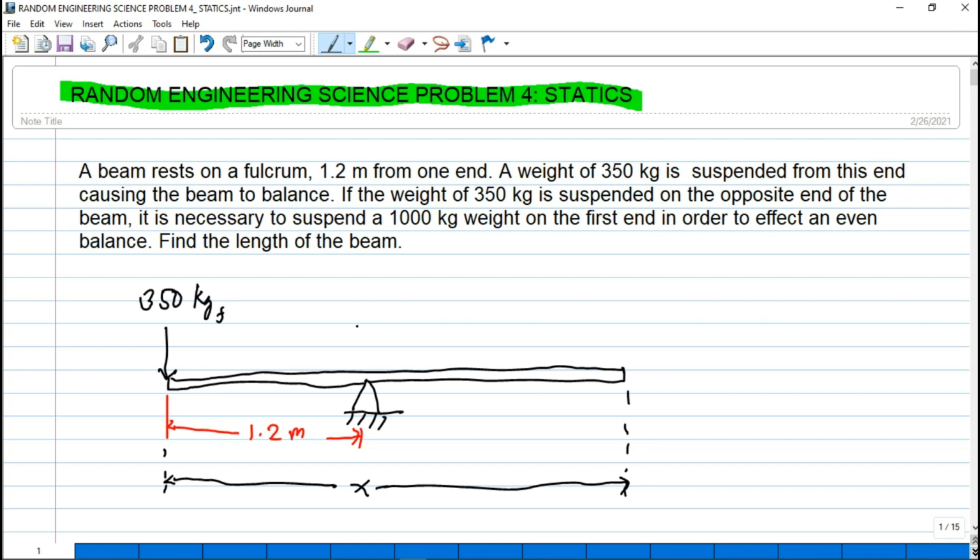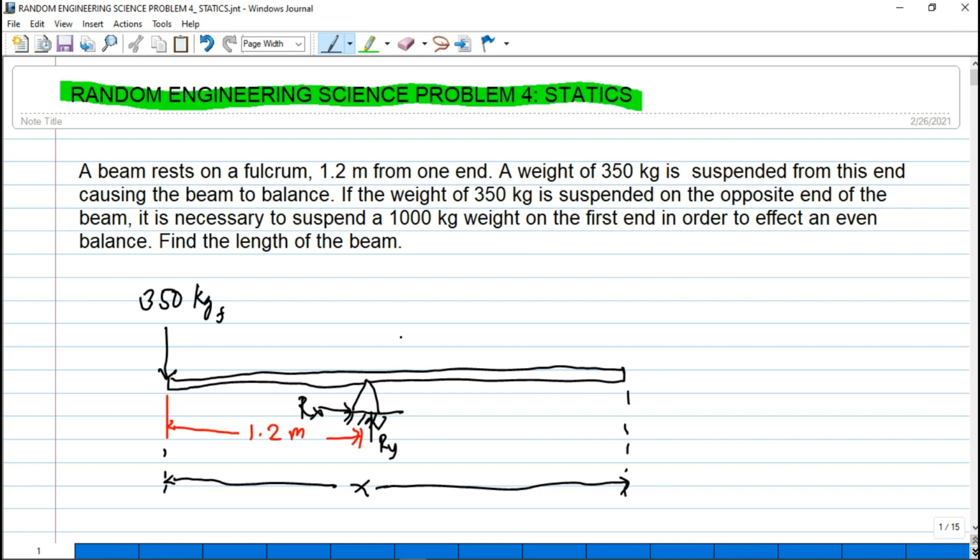Then another force that acts here guys sa ating beam is actually the reaction at the fulcrum. Okay, may reaction sa fulcrum. We have here, so let's say this is Ry and we have here Rx. So that's the reaction on the fulcrum. Other force that's acting on this beam is the weight of the beam itself. So yung ating weight guys ng material, mag-act siya at the centroid of this length x.